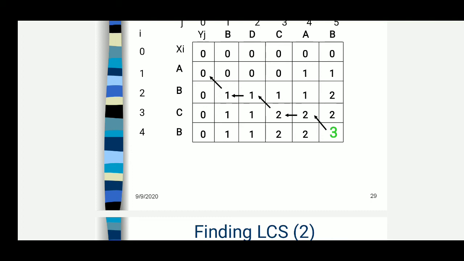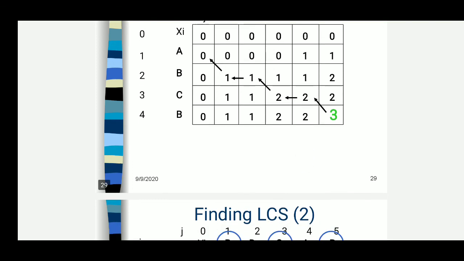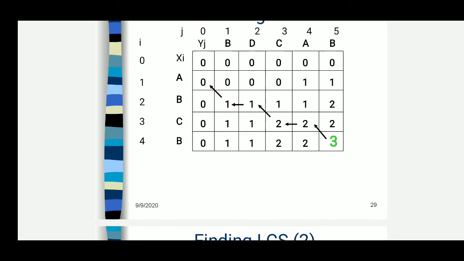Okay, so we will encircle this value also. So we have encircled 3, we have encircled 2, which is row 3 and column 3. Row 4 and column 5 values are the same.